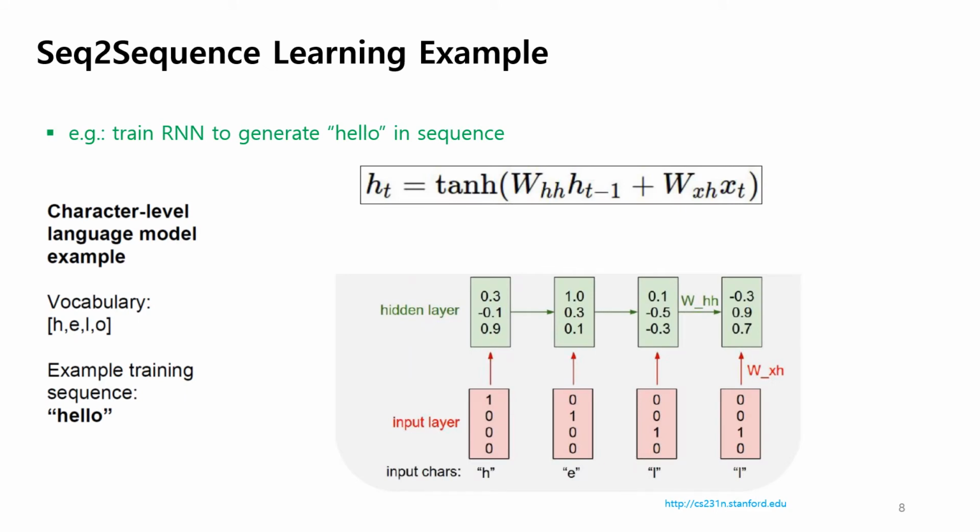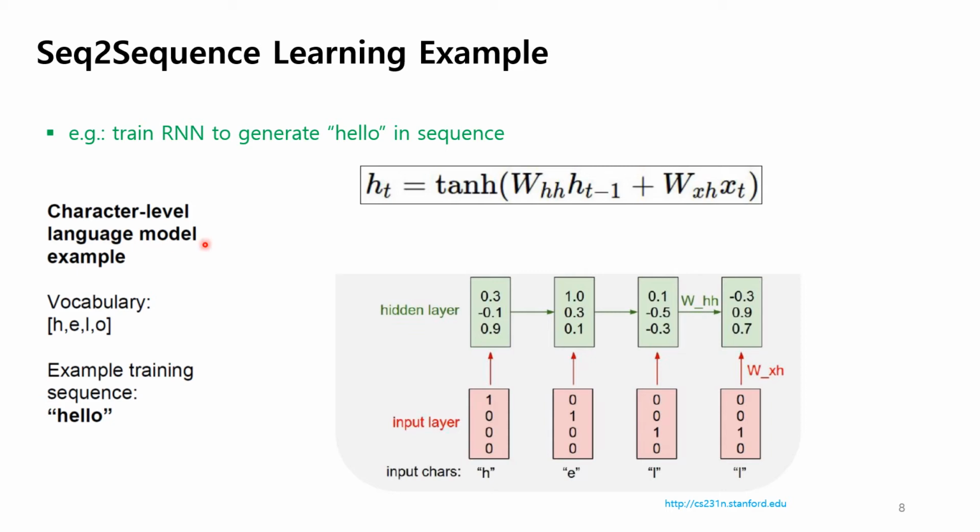Now take a look at one example of sequence-to-sequence learning. In this example, we're going to train this RNN to generate HELLO in this order. That's the goal of this training. This type of work is called a language model.